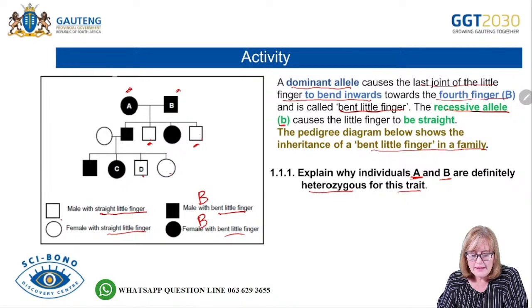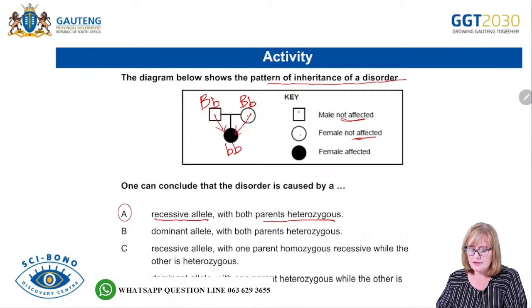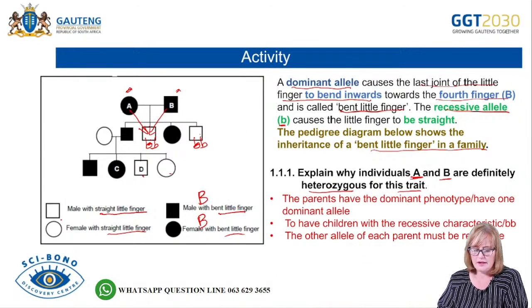So where did those recessive alleles come from? The child had to get one recessive allele from the grandfather and one recessive allele from the grandmother. The child is small b, small b. So that small b had to come from one parent and the other from the other parent. So that's why you know it's heterozygous.